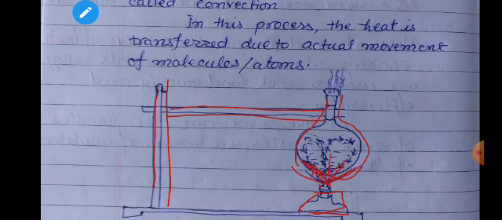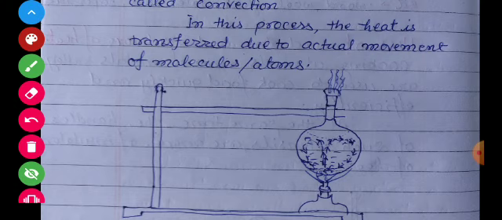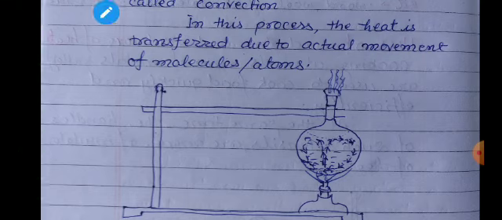When heat is given from this source, what will happen? How this process takes place, in this experiment we can see very clearly. So see, students, what happens in this one? First of all, the heat given at this place is transferred through the container to the molecules at the bottom of this container.